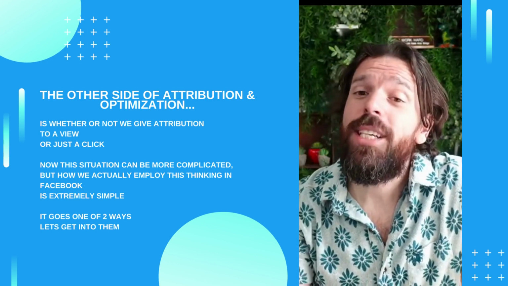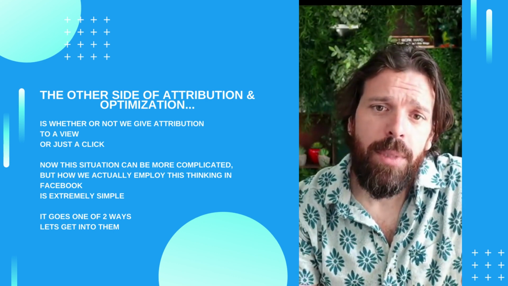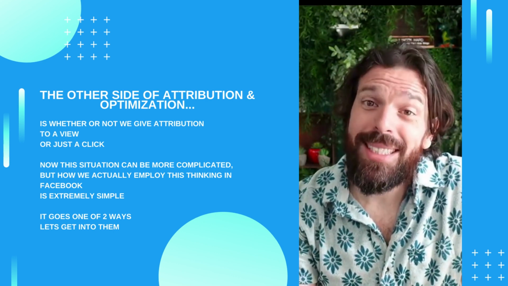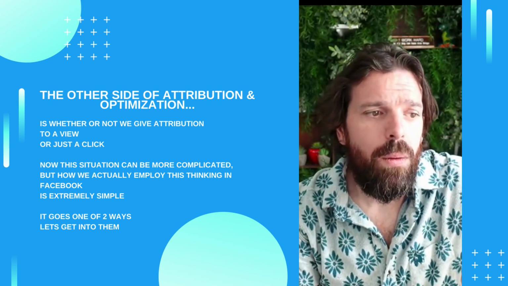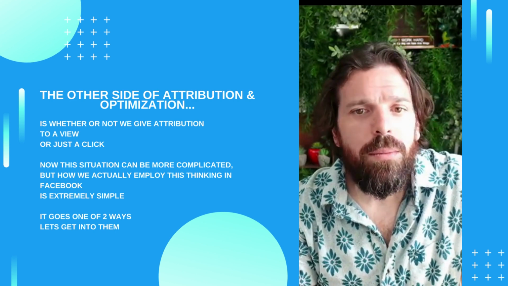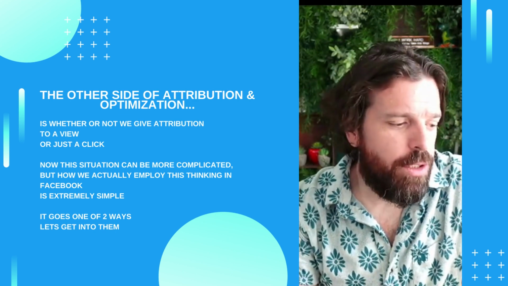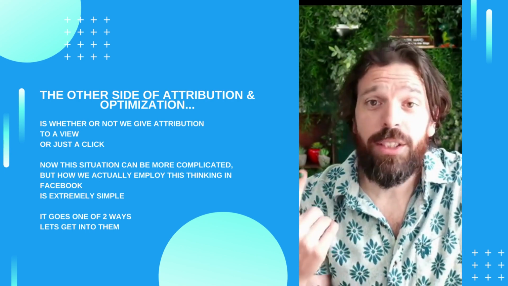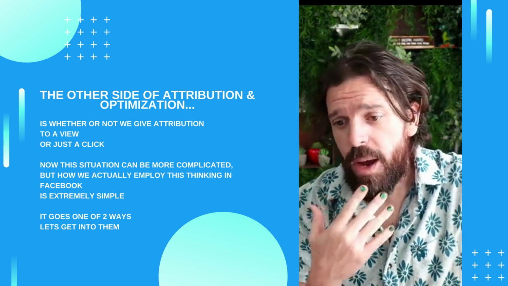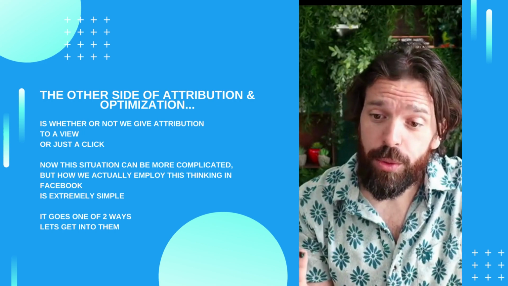Now, this situation can be more complicated, but how we actually employ this thinking in Facebook is fairly simple. There's really one of two ways, but so that you know, what we're going to cover is we have a 1-day or 7-day click. And we have the option of saying, do we include view through or not?